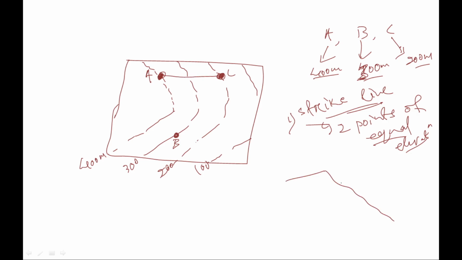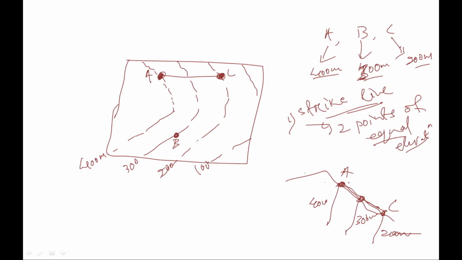You get a point here, A, which is of 400 meter elevation, and you get one point C of 200 meter elevation. If you join AC, you can get another point in between, a point of 300 meter elevation.